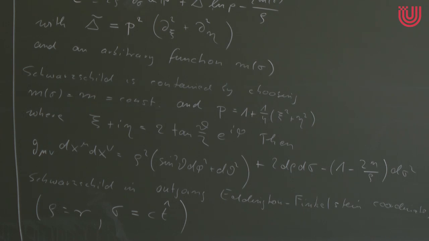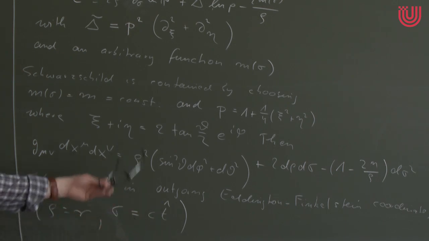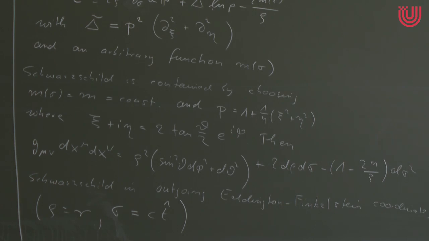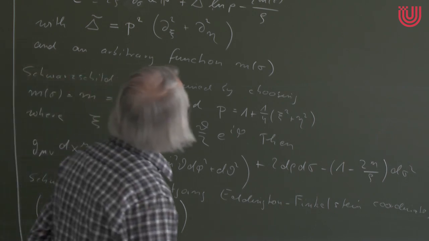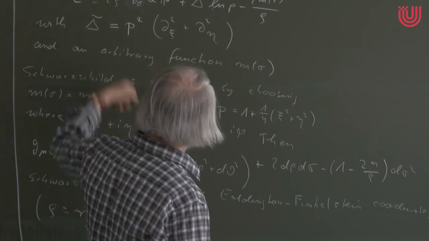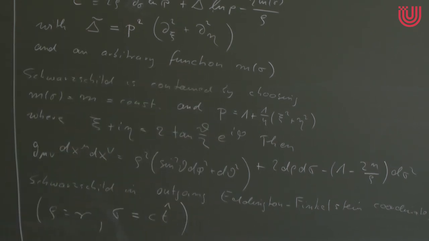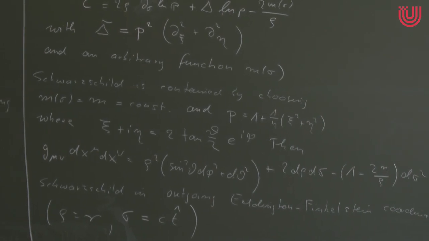And Schwarzschild has nothing to do with gravitational waves, of course. So there are these expanding families of rays, but they are not associated with outgoing radiation. They are just associated with a static, time-independent field. But if you choose an M which does depend on sigma, then you can construct solutions which actually describe outgoing gravitational waves.